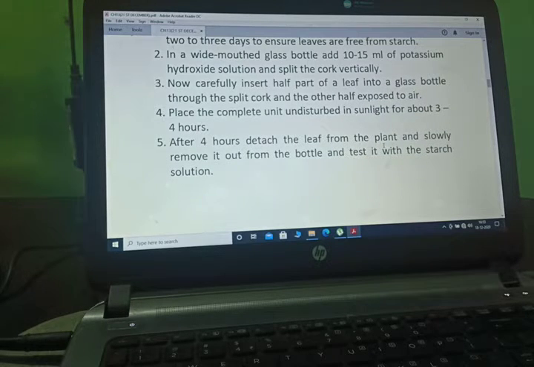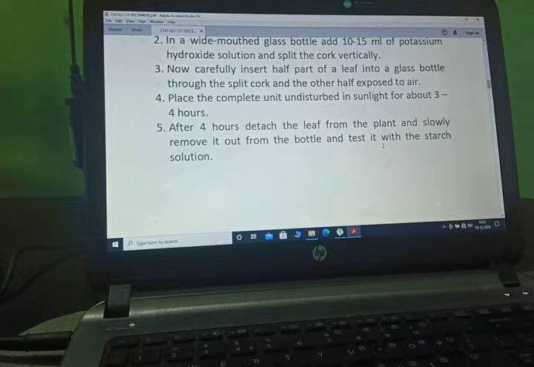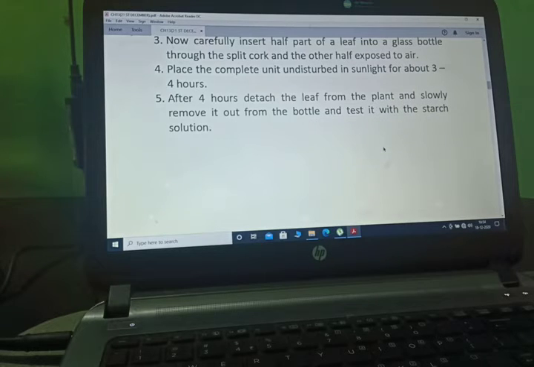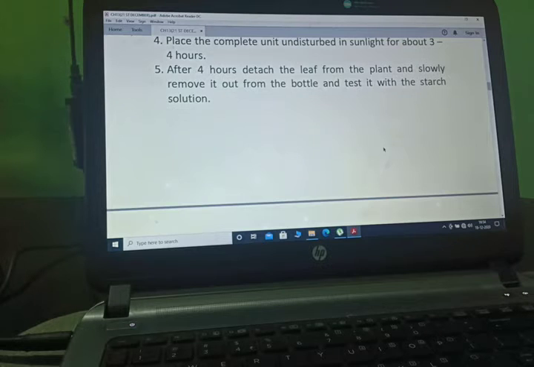In a wide-mouthed glass bottle, add 10 to 15 ml of potassium hydroxide solution and split the cork vertically. Now carefully insert half of a leaf into the glass bottle through the split cork and leave the other half exposed to air. Place the complete unit undisturbed in sunlight for about 3 to 4 hours.